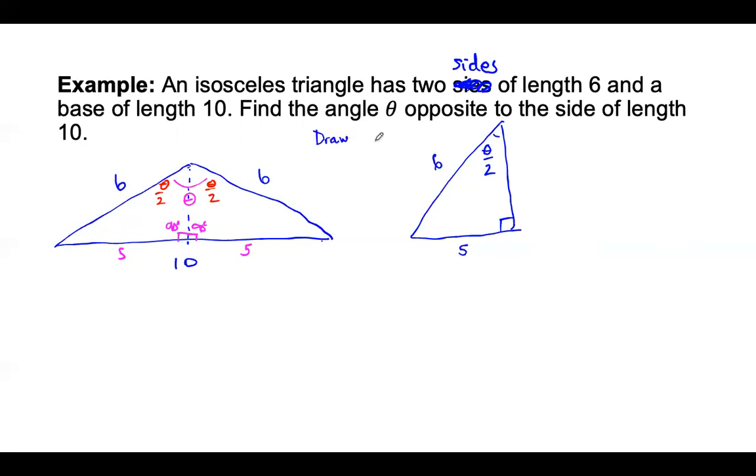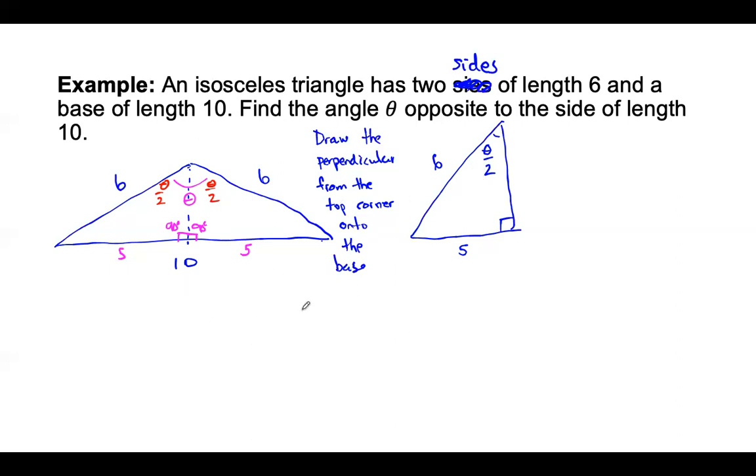So we draw the perpendicular line from the top corner onto the base here. So that's what I just drew. So there are two equal triangles. It's not drawn perfectly. Okay, so we want to find this theta.